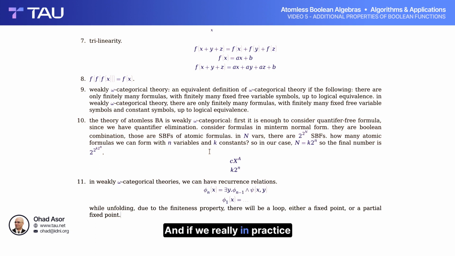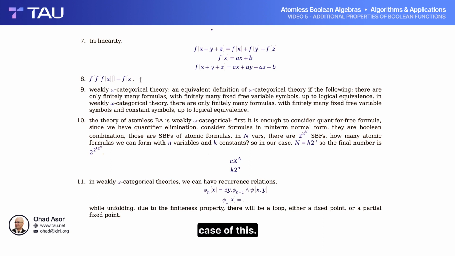And if in practice we want to enhance languages like the language of atomless Boolean algebra with recurrence relations, if the recurrence relation is monotonic, then of course we are guaranteed to obtain a fixed point. But if it is not monotonic, then we can define a fallback. We can say that if there is a partial fixed point, then either return the part that is looping or return some default formula. All such trivial remedies are expressible in the language.